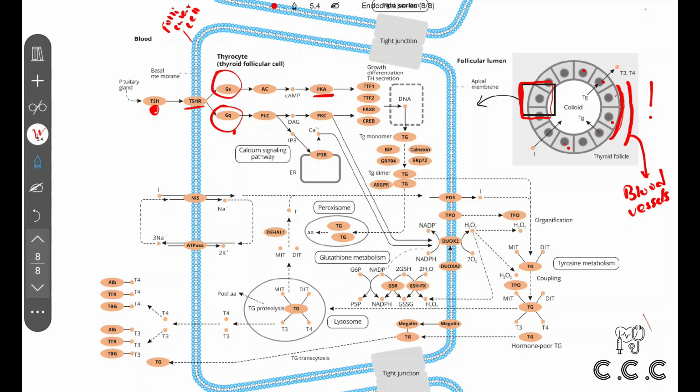Remember, we said that thyroglobulin is so important because it is the platform on which our thyroxine hormones can be formed.